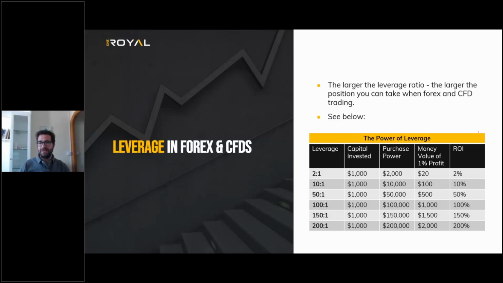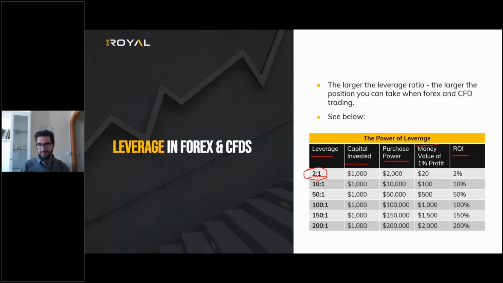If we go to this table here, we can see that we have leverage, capital invested, purchasing power, the profit, which let's say we fixed at 1% on each trade, and the return on investment. The capital invested is always $1,000. If we have a leverage of 2 to 1, this capital invested will be doubled.